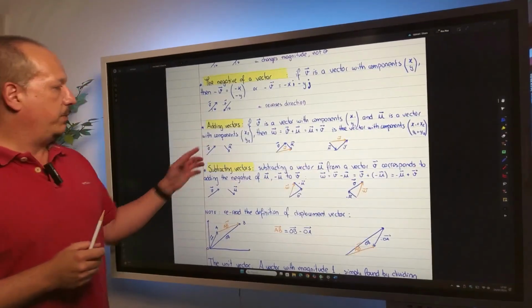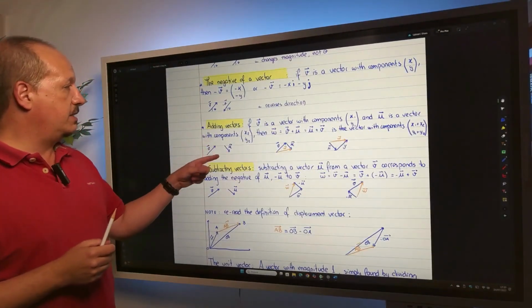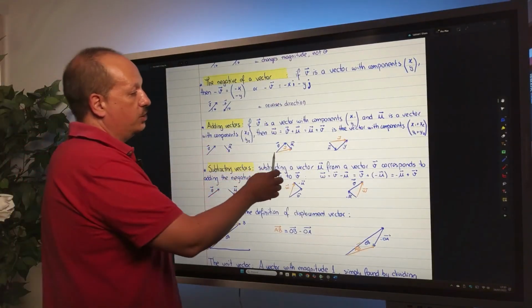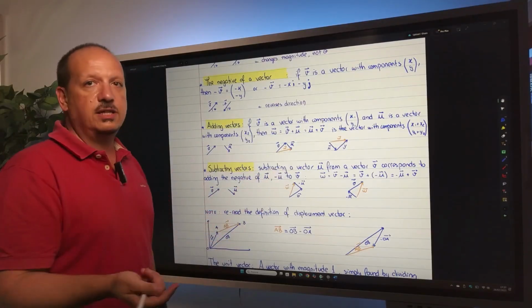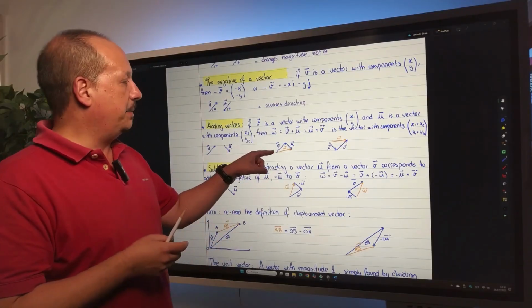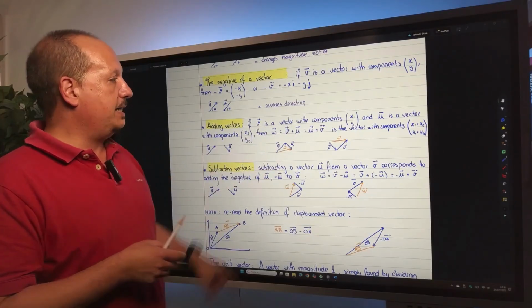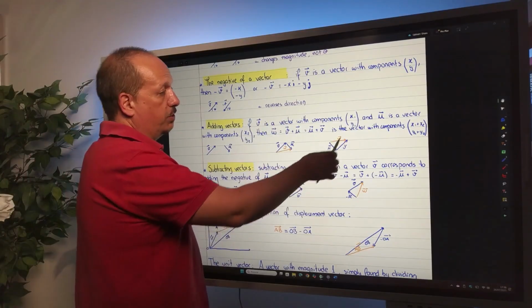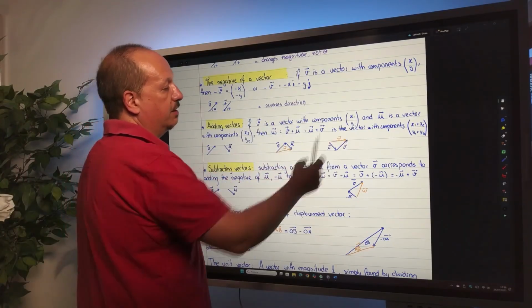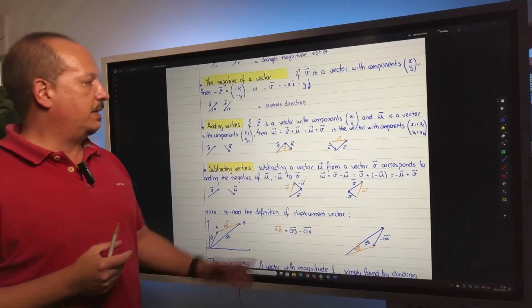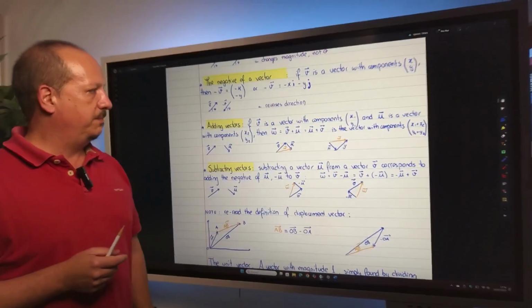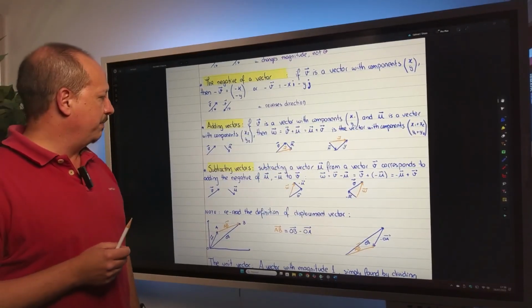So let's say the vectors are these. The overall vector is this one over here. The outcome vector is always one that starts at the beginning of the first and ends at the end of the last. In the case of adding, it doesn't matter which one you start with. As you can see here, the w is going to be the same. At least it is supposed to be. My drawing is not perfect.